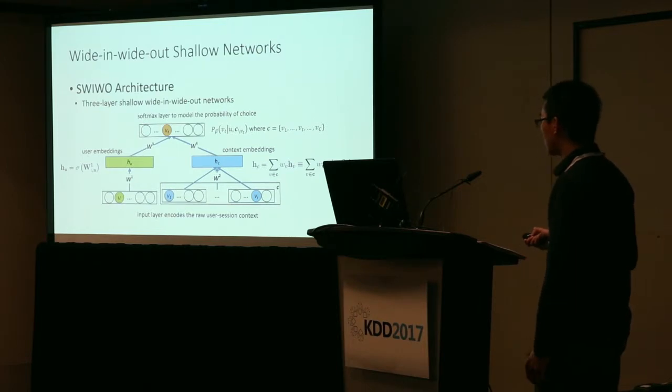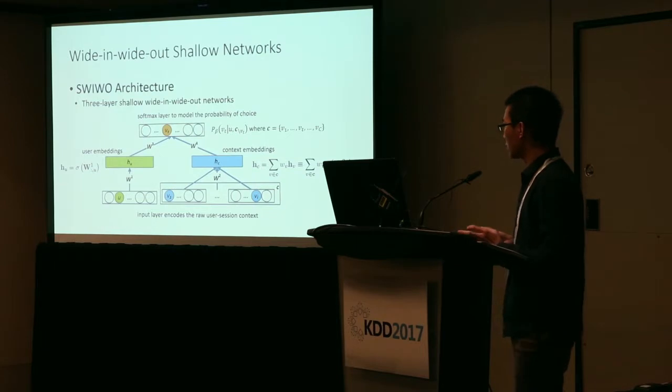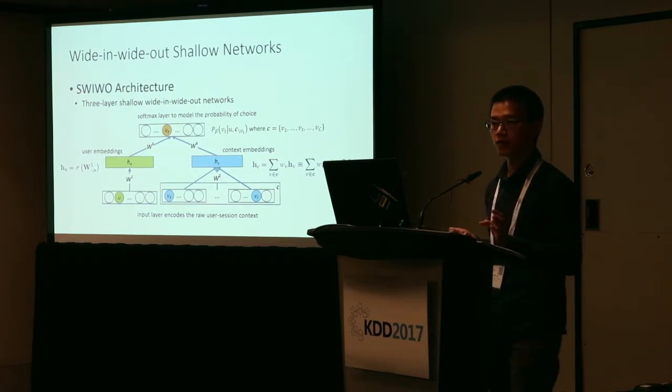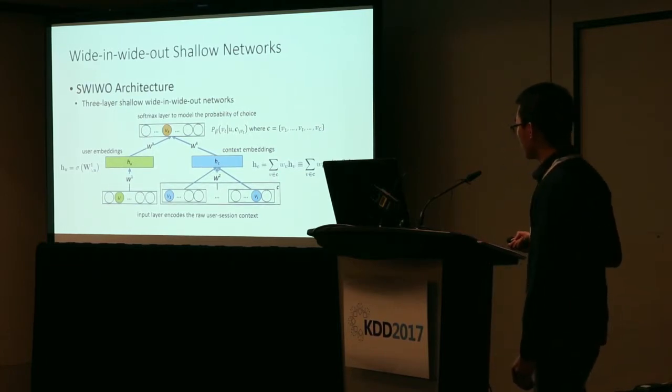Similarly, on the right-hand side are the items' one-hot encodings. In a purchase session, if the session has C items, then we will have C item vectors here. Each item vector is also a one-hot encoding.